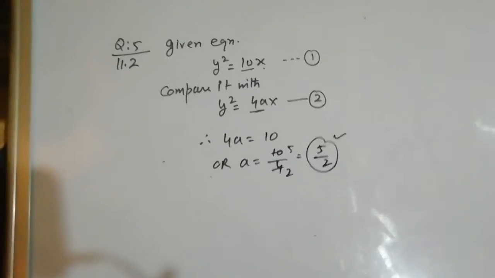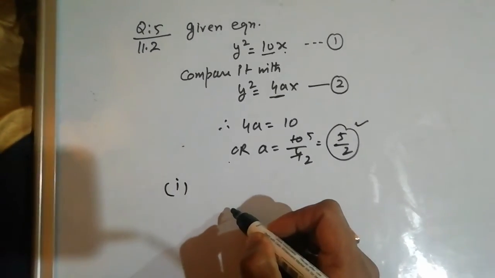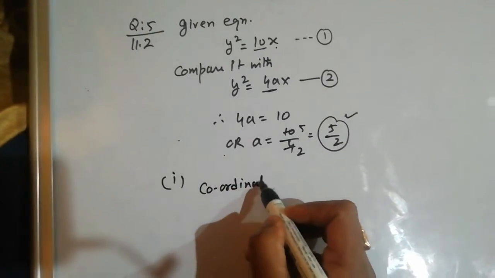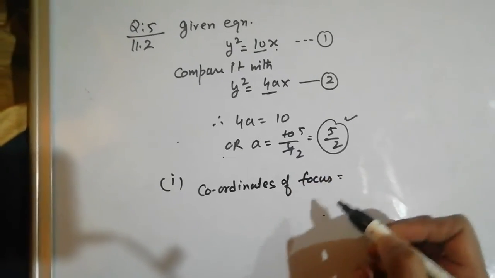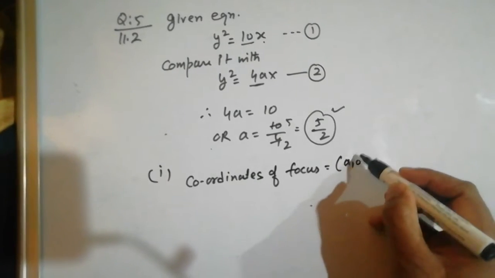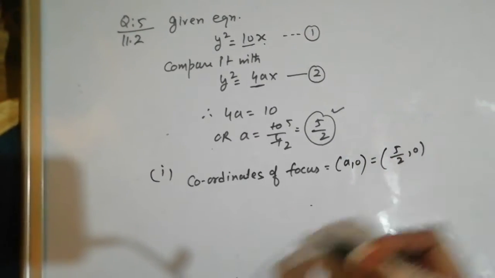Now we can calculate one by one. First of all, they are asking about the coordinates of the focus. As we know, the coordinates of focus for a right-handed parabola are (a, 0). So we can write it is (5 by 2, 0).